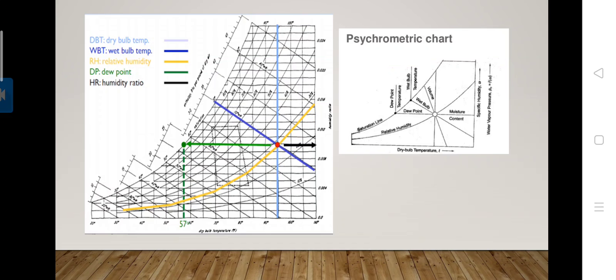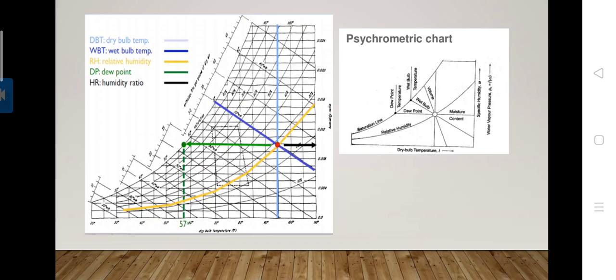Next is the wet bulb temperature line, shown in blue. These are straight inclined lines which extend diagonally, and we can read the value of wet bulb temperature on the saturation line in degrees centigrade.